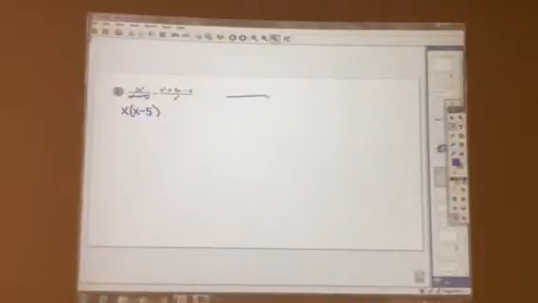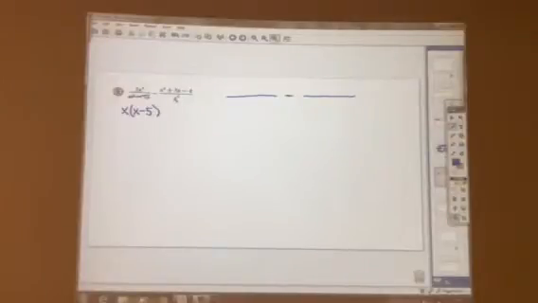So I need a common denominator, and there's a subtraction in the middle this time instead of addition. A common denominator between x, x minus 5, and x squared. Well, I know I have to have everything in the common denominator. And I realize I have an x here and an x squared there.